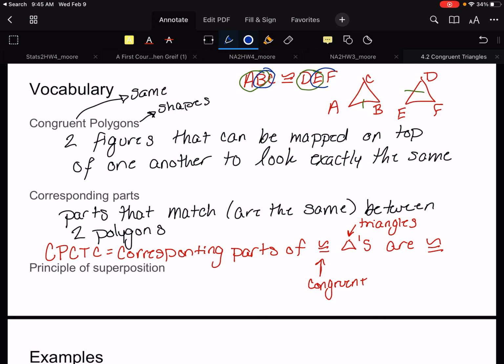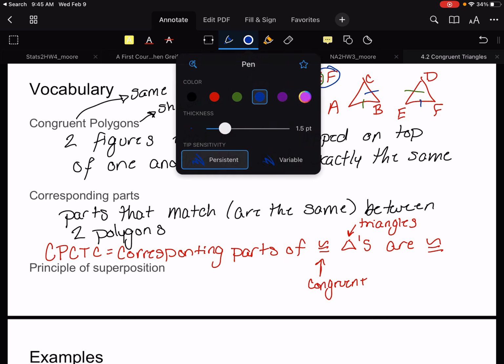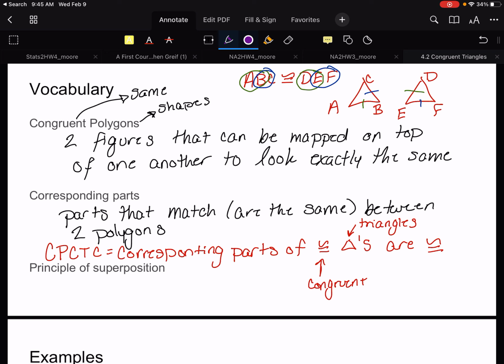BC would be congruent to EF. So pay attention to how it's written. And then AC is congruent to DF.